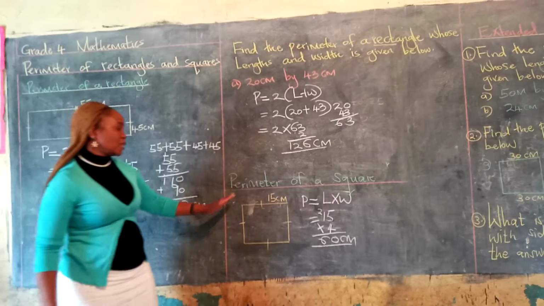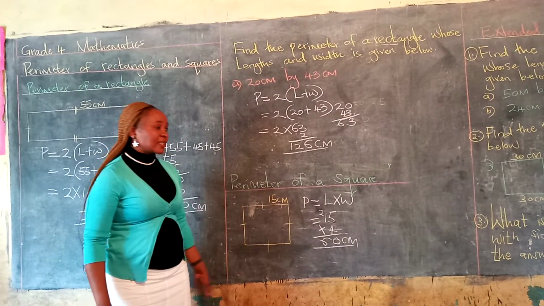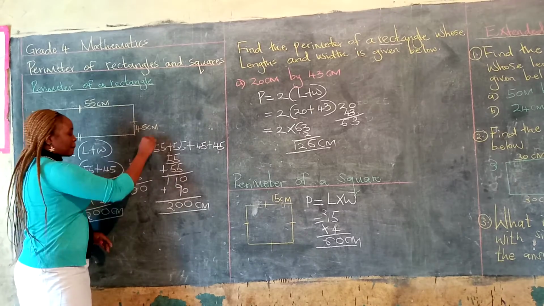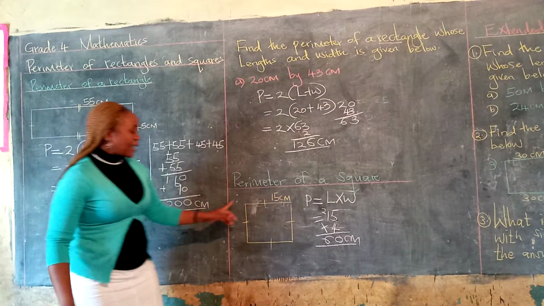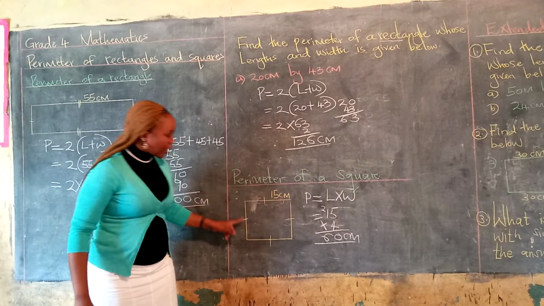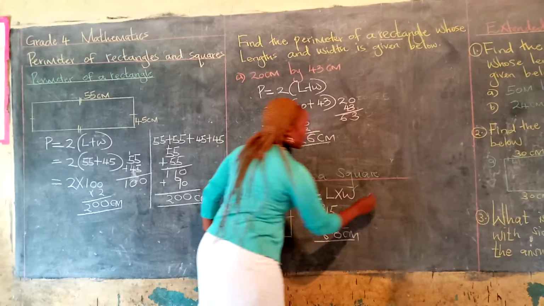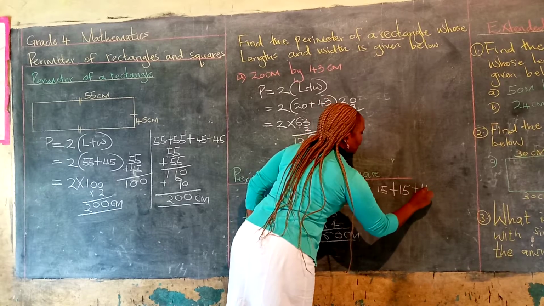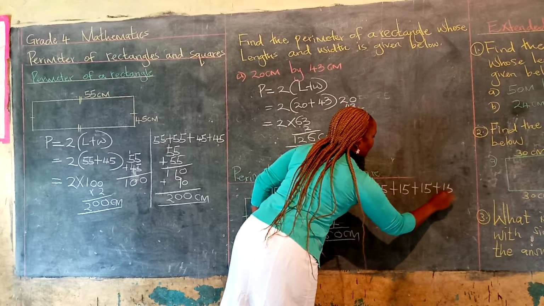So that's how we calculate the perimeter of a square. Still, you can do the way we have done before. You can add all the sides since perimeter is the total distance around any closed shape. So we can say 15 plus 15 plus 15 plus 15.